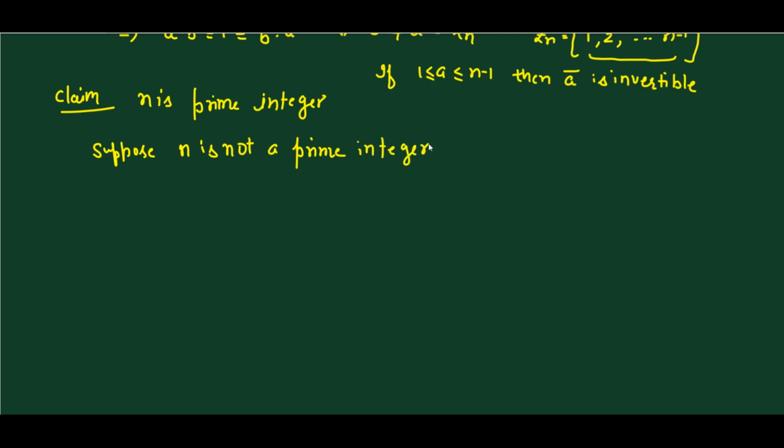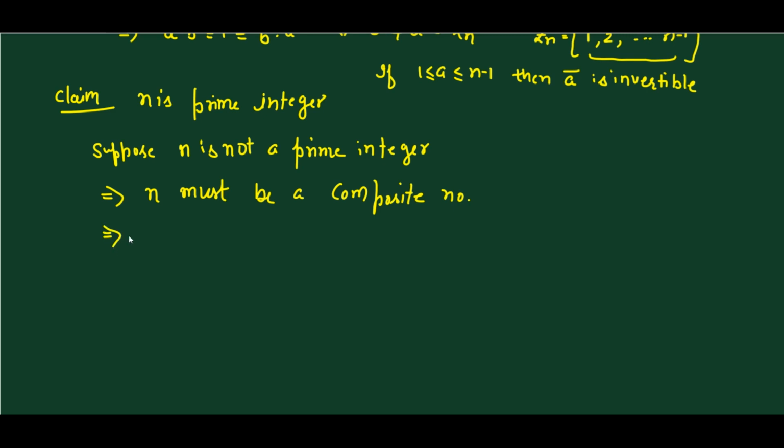Then what should n be? n is a composite. So n must be a composite number.